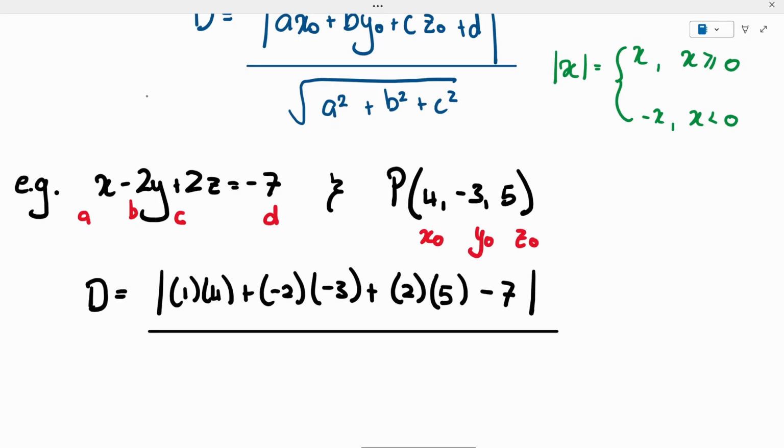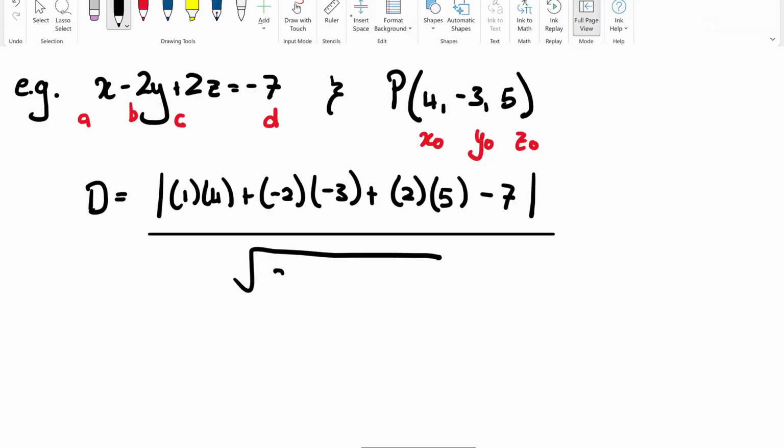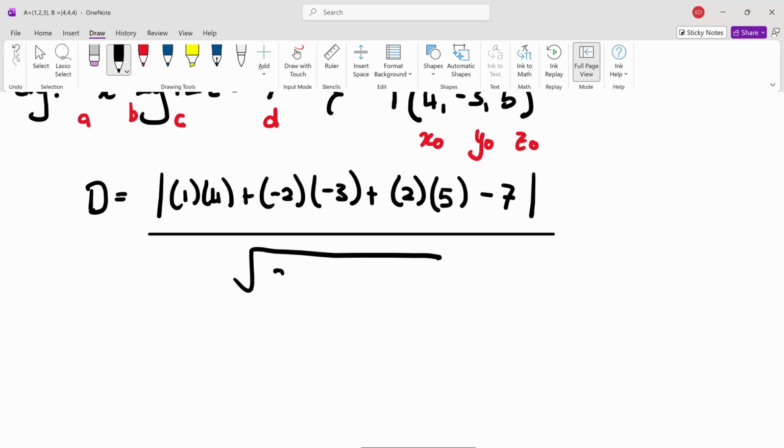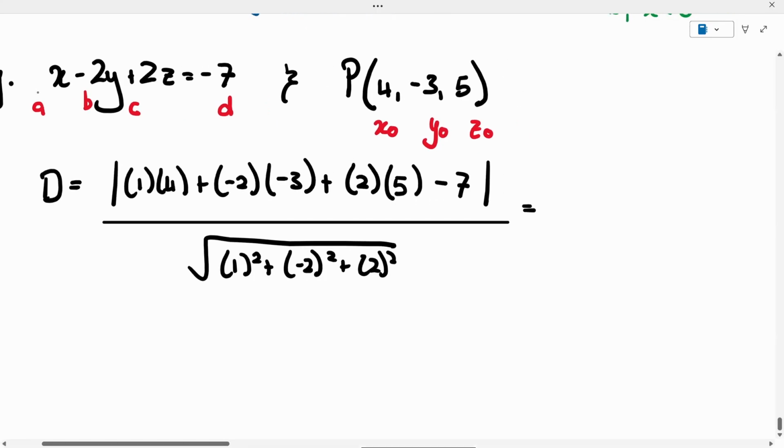All divided by the square root of a squared, which is 1 squared, plus b squared, which is minus 2 squared, plus c squared, which is 2 squared, right? So let's see what we get. 1 times 4 is 4, plus 6 plus 10 is 20, minus 7 is 13, divided by the square root of 1 plus 4 is 5, plus 4 is 9.